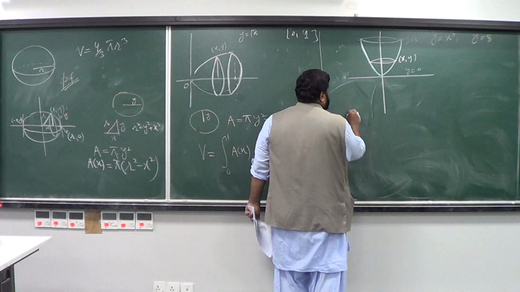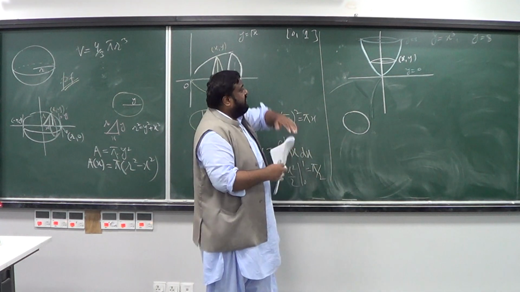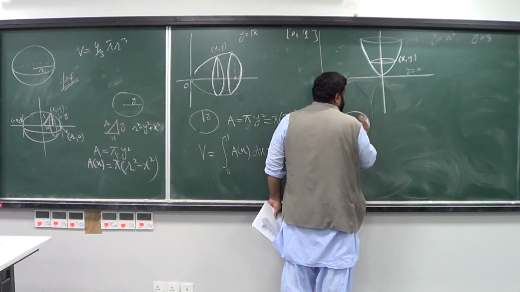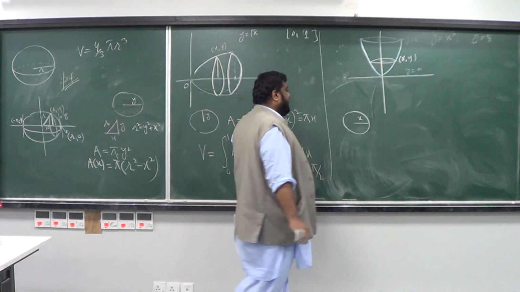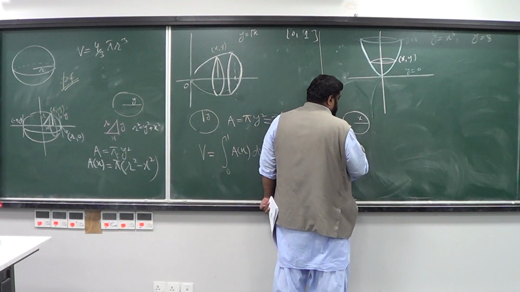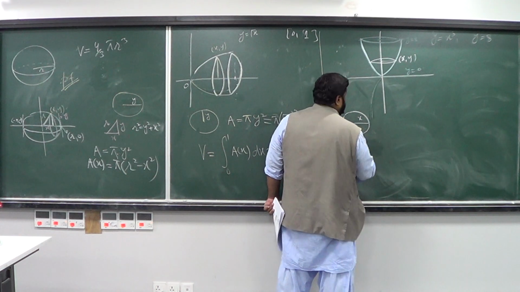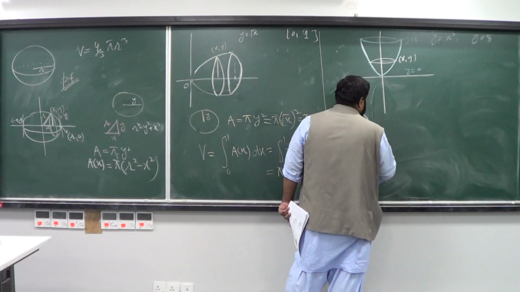In other words, the radius of the disk that you get through the slicing is x in this case. Okay. And if the radius is x, what would be the area of it? The area of it is going to be pi x squared.